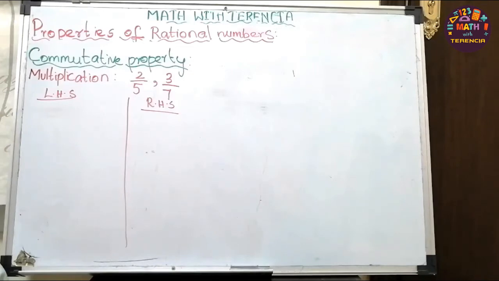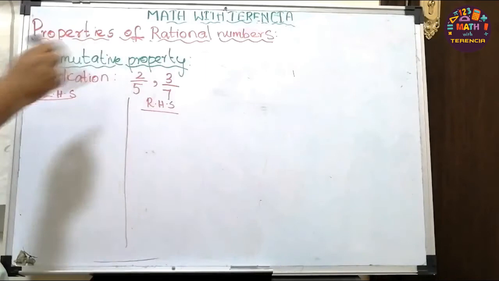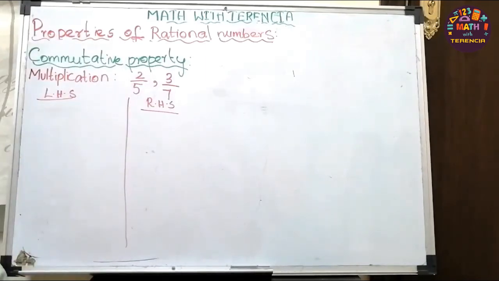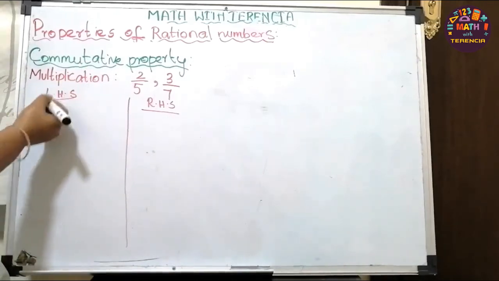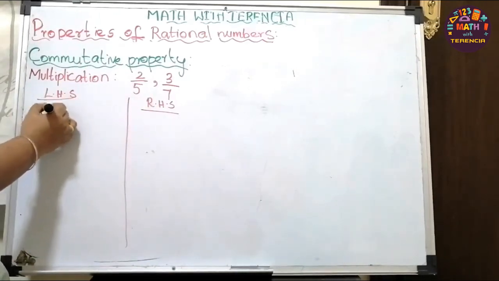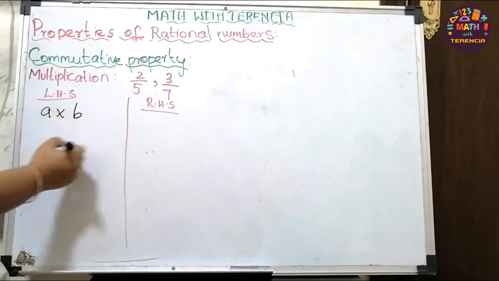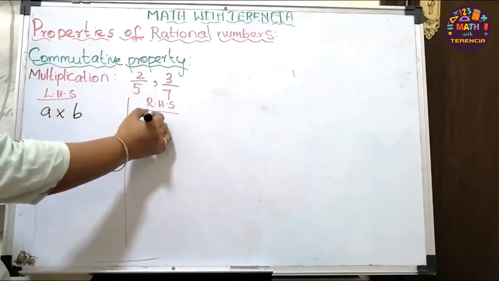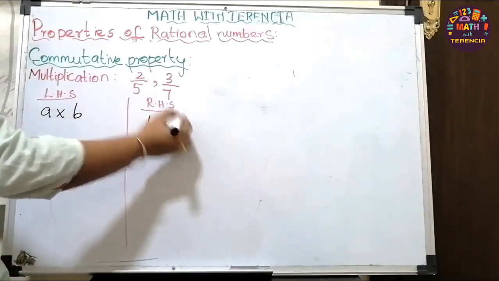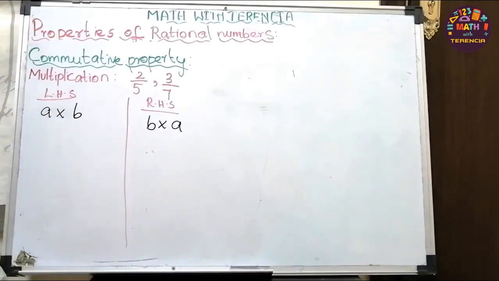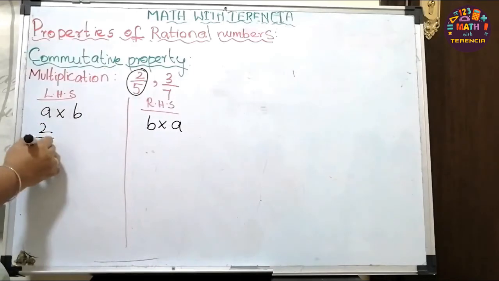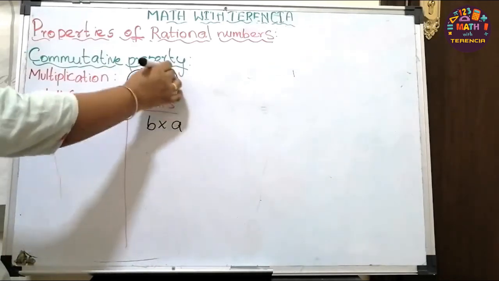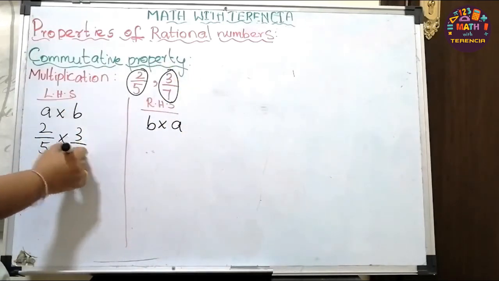Now let's check whether it is true for multiplication or not with these two numbers, 2 by 5 and 3 by 7. So as usual, I split into LHS and RHS. In my LHS, I should have A, B, and in my RHS, I should have B, A. So what is my A? 2 by 5 is A times 3 by 7.